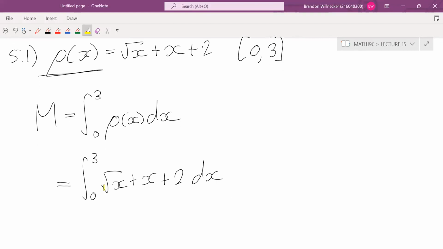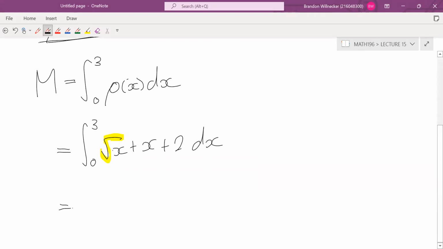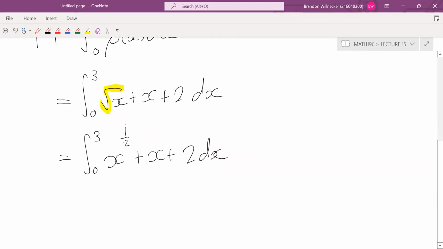Now we've got this root x. Remember, we like things in terms of powers, so we're going to change that to x to the 1/2. So that's the integral from 0 to 3 of x to the 1/2 plus x plus 2 dx. Now we can integrate this.